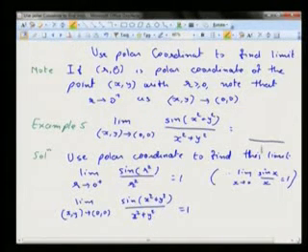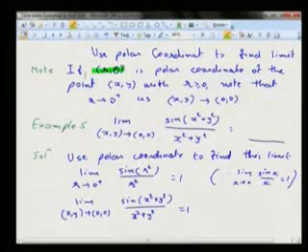Now, how to find the limit by using polar coordinates? We know the relation between the polar coordinates and the Cartesian coordinates. The polar coordinates are denoted by r and theta.